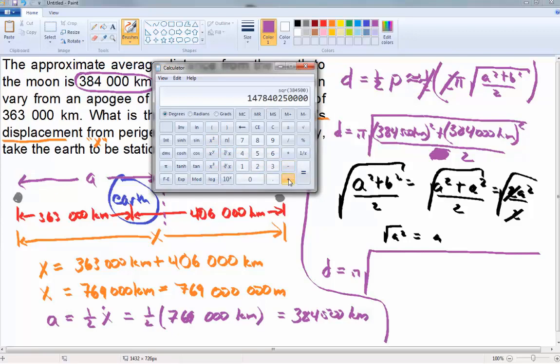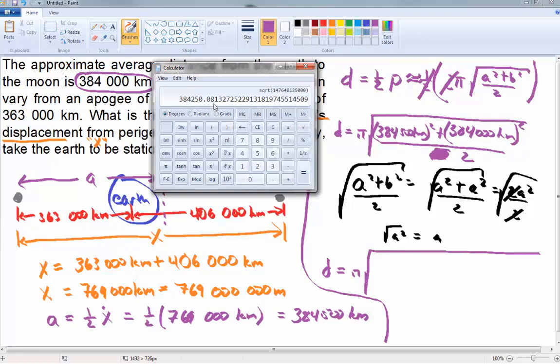And then to that we're going to need to add another 384,000, which also needs to be squared. So you get a number like this, then you divide it by 2, you get a number like this, and then you take a square root, you get a number like this.